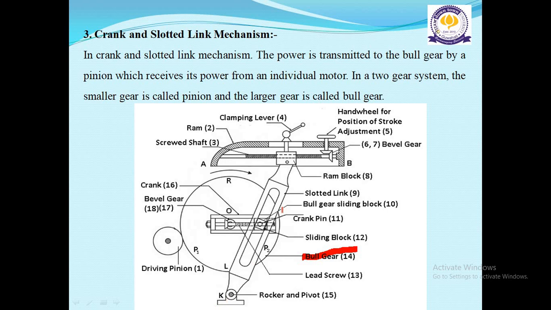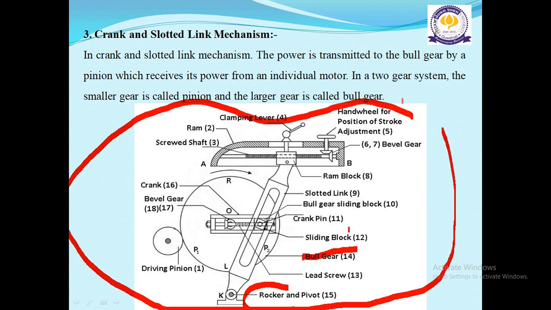Here you can see in this figure the ram, screw shaft, crank, bevel gear, driving pinion, rocker and pivot, sliding block, crank pin, slotted link, ram block, bevel gear, everything is given in this figure clearly.